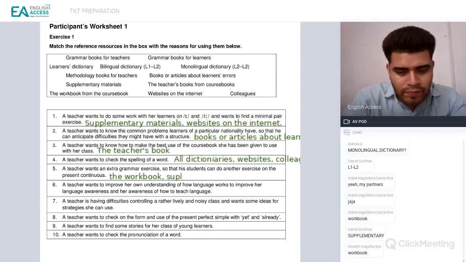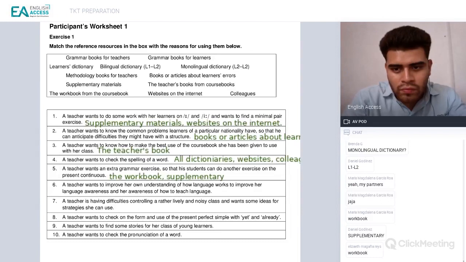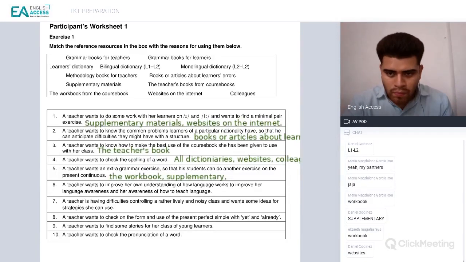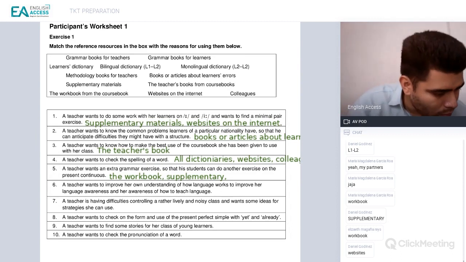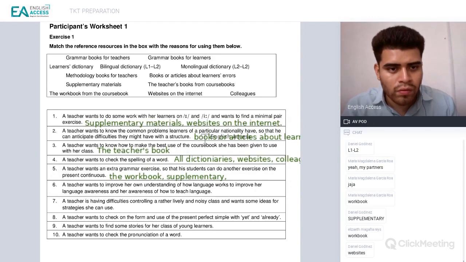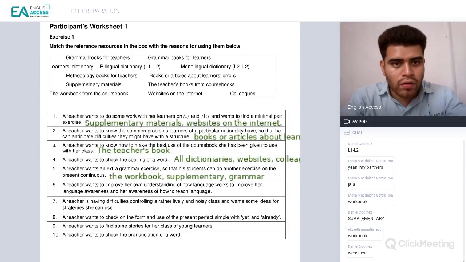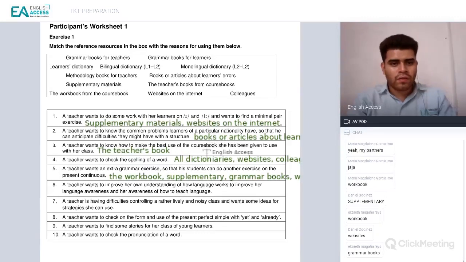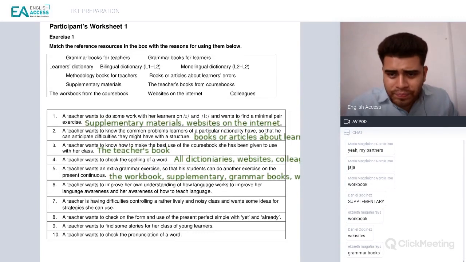Supplementary, very good. Workbook, supplementary. Grammar books and websites. Excellent. Let's see.